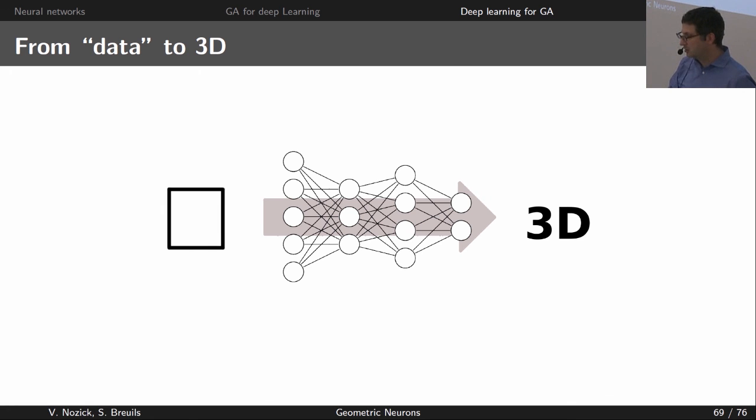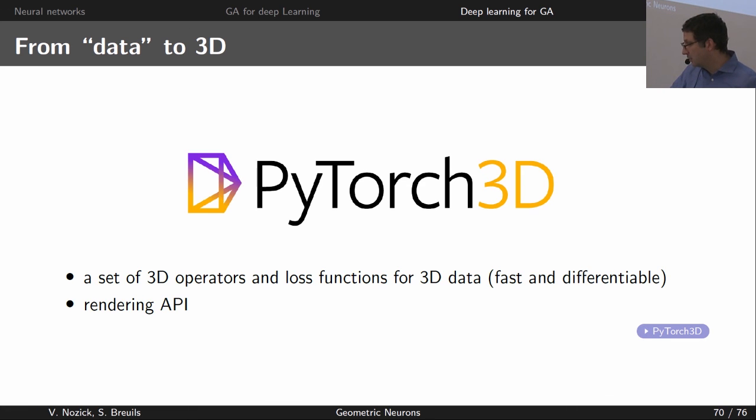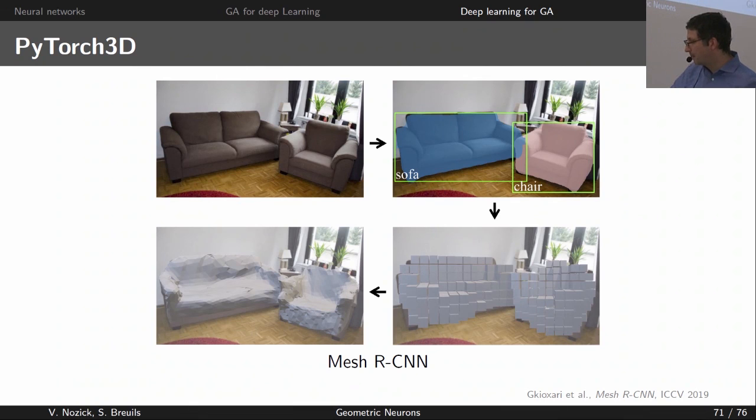For the next question, can we extract some 3D data from something, let's say from an image? Then you can take a look at PyTorch theory. That may be a good way to try to put some GA inside. PyTorch can be used to try to put some geometry from images.